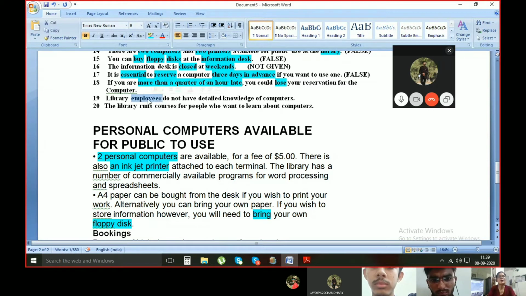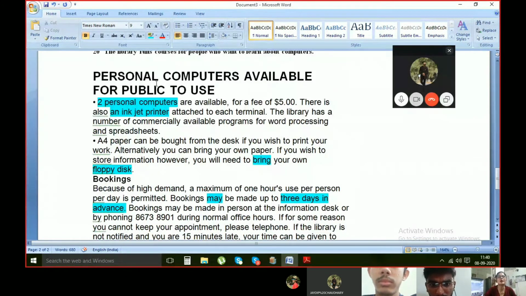So mark the word employees and mark the word do not. They do not have detailed knowledge. So mark the word detailed knowledge of computers. Means library employees do not have detailed knowledge. Now for location, try to find out lost your, a negative question, lost, more than a quarter late.